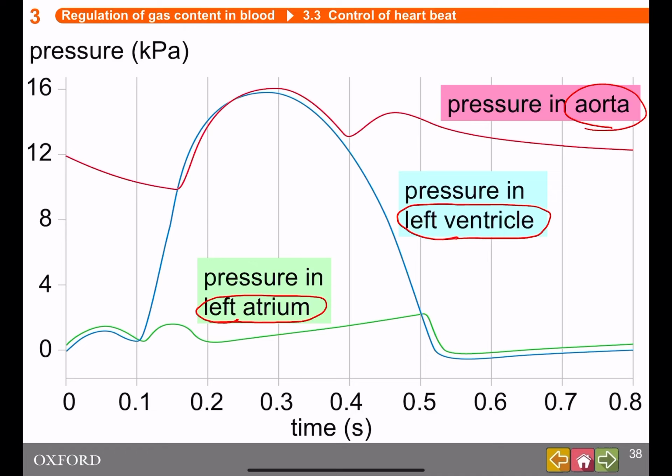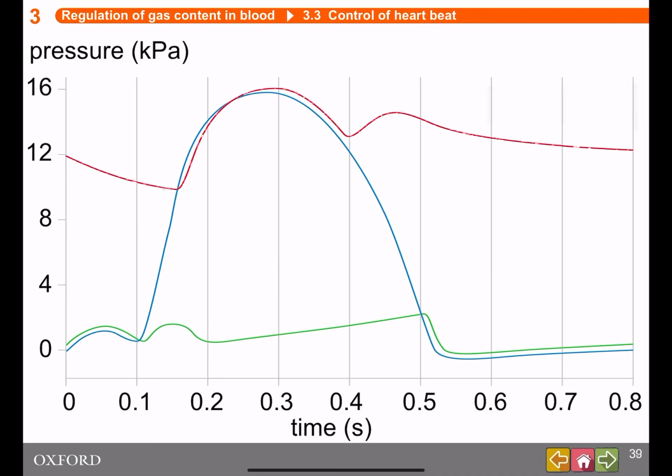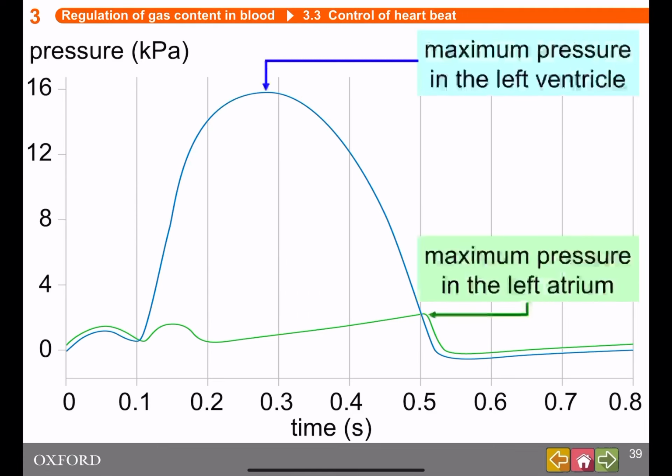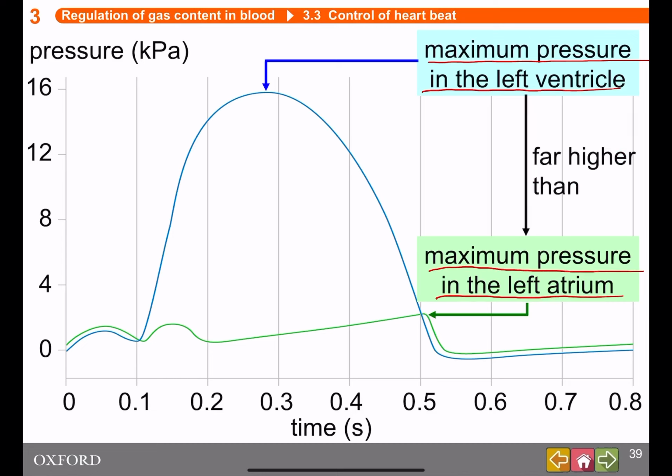We can observe many things from these curves. First, you can easily observe the great difference between the maximum pressure in the left ventricle and that of the left atrium. The first one is much higher than the second one.